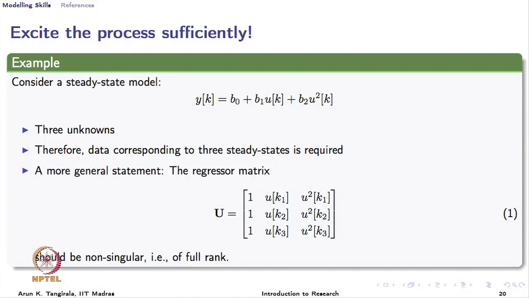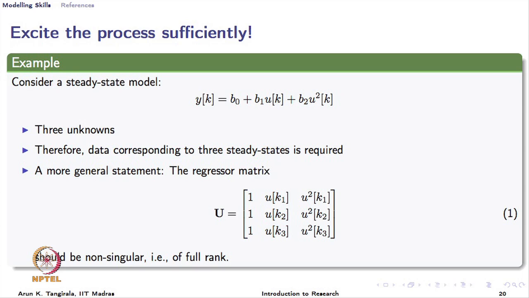So, we will just quickly go through some of the critical aspects of empirical modeling, and the first aspect in empirical modeling, where we perform experiments, or even if we do not, is that of the excitation in the regressor or in the factor or input, whatever you want to call it. So, let us look at a simple example where I have a steady state model.